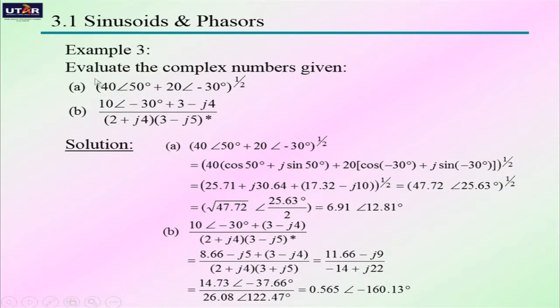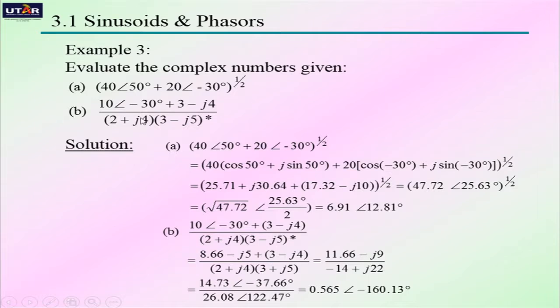So this is how we can evaluate the complex numbers. If you are asked to add 40 angle 50 degree plus 20 angle negative 30 degree and square root the whole mathematical expression, we would get 6.91 magnitude and 12.81 phase.